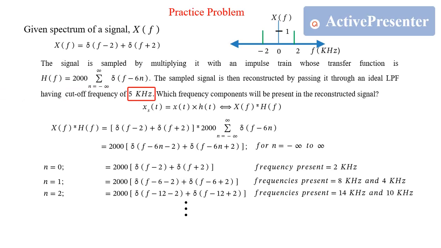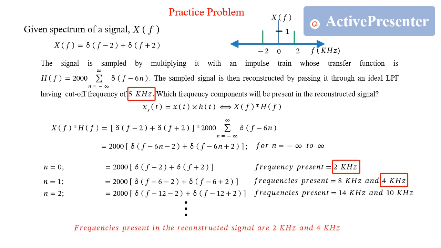So this low pass filter will retain all the frequency components that are less than 5 kHz, and it will filter out the frequency components that are greater than 5 kHz. Thus the reconstructed signal will have only two frequency components, the 2 kHz component and the 4 kHz component at the output. This is all about this video, and thanks for watching.